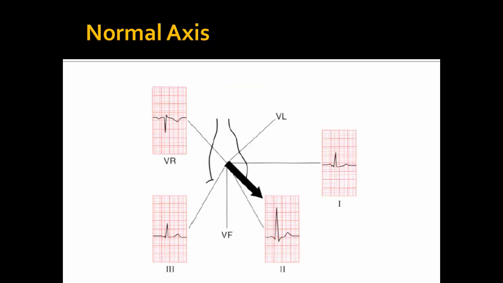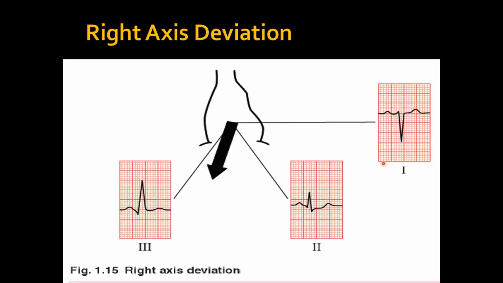When you're going to measure the axis on an ECG, in the normal axis you'll find that in leads 1, 2, and 3 all the QRS complexes are upright. In right axis deviation, the QRS complex in lead 1 is downward, and in leads 2 and 3 it is upright.